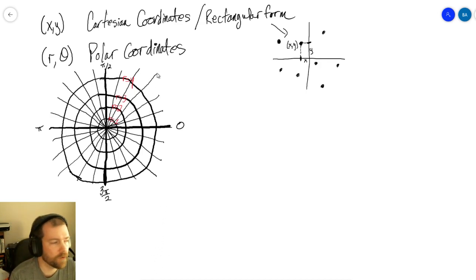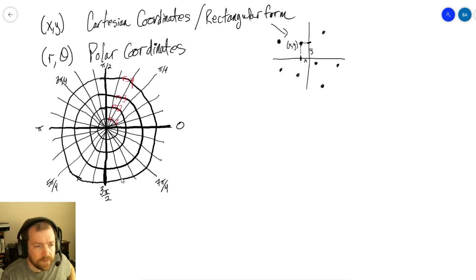And the same is true for the angles. We have intermediate angles, here we've got pi over 4, 3 pi over 4, 5 pi over 4, and 7 pi over 4. These are going to represent all of the important angles that we're going to care about here.